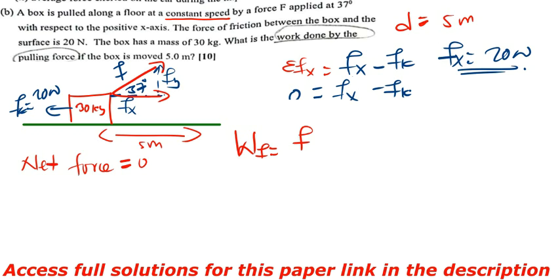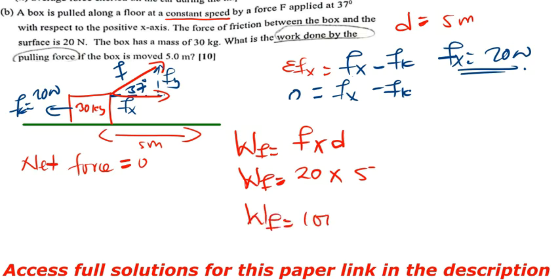They should be in the same line. So I'm going to use Fx times d. Fx is 20. The distance is 5. So the work done by the force is basically 100 joules.